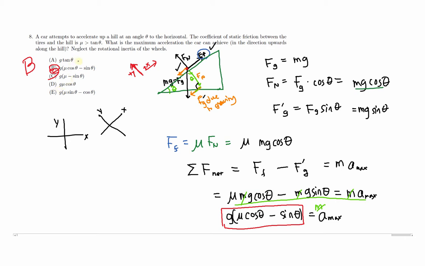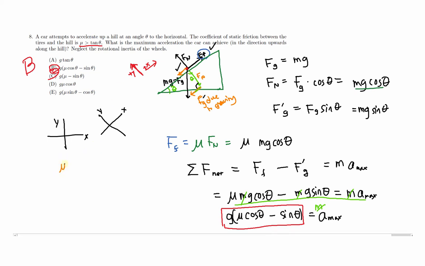And you might also wonder why they gave us this: mu is greater than tangent theta. Some might wonder, do I have to use this piece of information to solve this? Well, as you see, I didn't have to worry about it, but I'm going to clarify that it was given to prevent students' confusion. I can write this in much clearer terms by rearranging it.